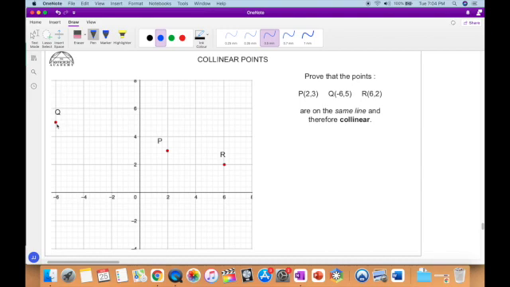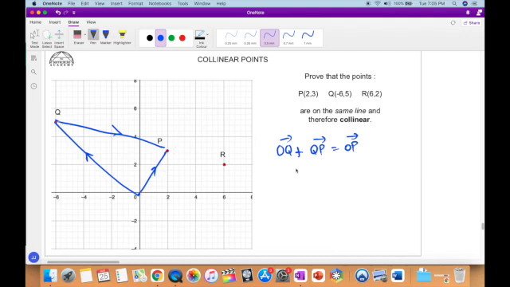Or you could go this route: OQ, then you have QP, and then you have OP, right? So OQ plus QP gives me OP. And therefore find QP by taking OP and minusing OQ. Right?